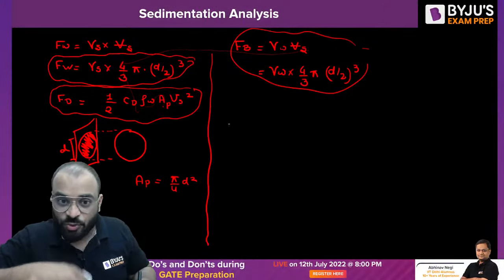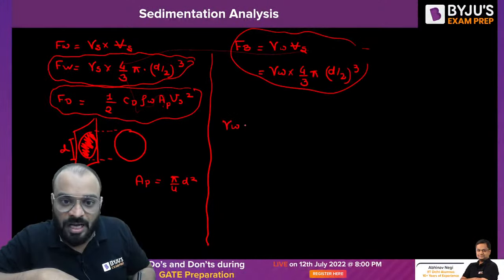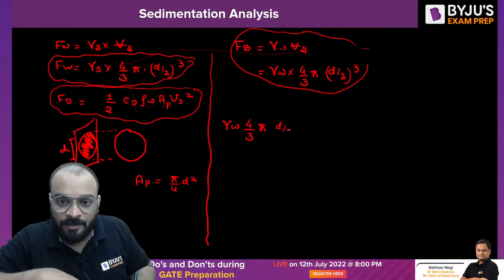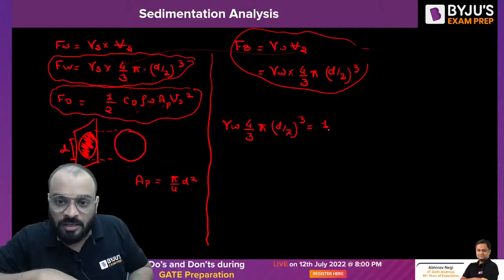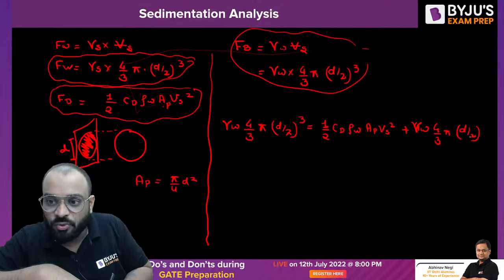Clear? Let's do it. So Fw, gamma S multiplied by 4 by 3 pi d by 2 whole cube is equal to half CD rho W A v square, plus buoyant weight gamma W into 4 by 3 pi into d by 2 whole cube.